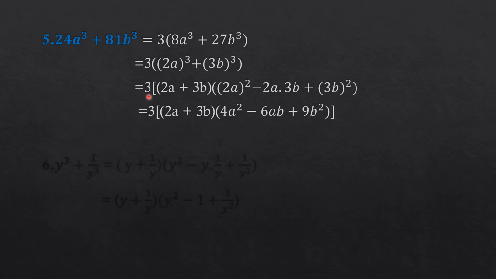Now this is equal to 3 into first bracket 2a plus 3b into another bracket, write 2a bracket square minus 2a into 3b plus 3b bracket square, is equal to 3 into bracket 2a plus 3b into another bracket 4a square minus 6ab plus 9b square.